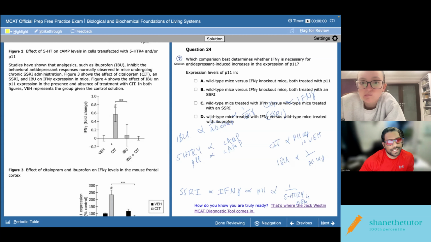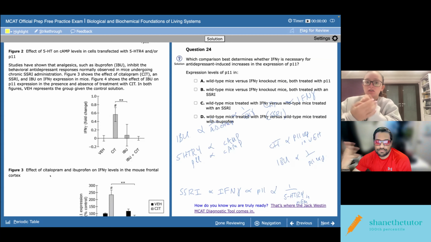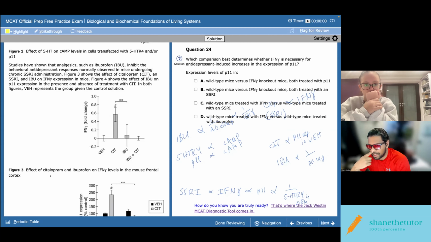So it's asking, expression levels of P11 in what would best help us figure out whether IFN gamma is necessary for the increase in expression of P11 or not necessary.